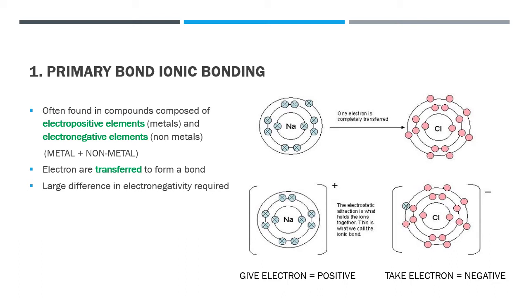So, one electron is transferred so that natrium will have a complete 8 electrons at the second shell, and chloride will have 8 electrons at the third shell. So by giving an electron, natrium will have positive charge, and by taking an electron, chloride will have negative charge.